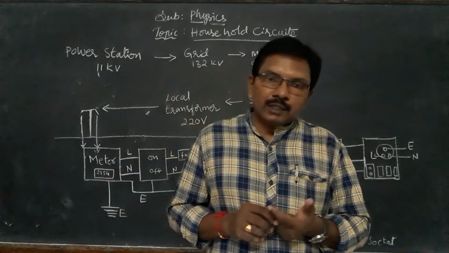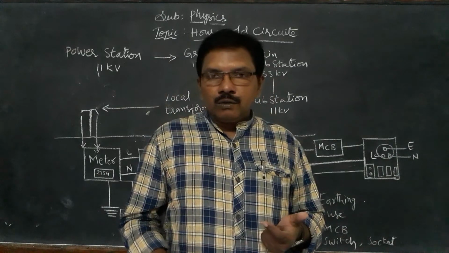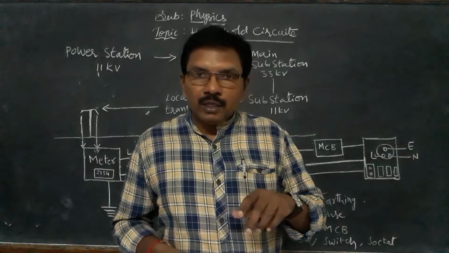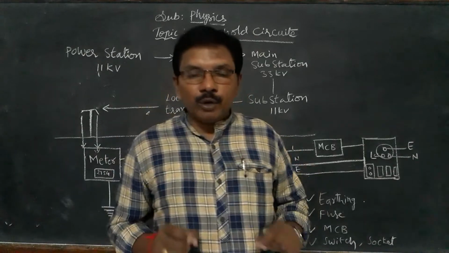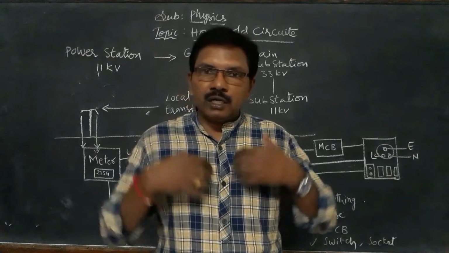Just now I told you that in some appliances excess current returns back, and in some appliances the live wire may unknowingly get connected to the body. If you touch the body, what will happen? Immediately we get a shock and die.